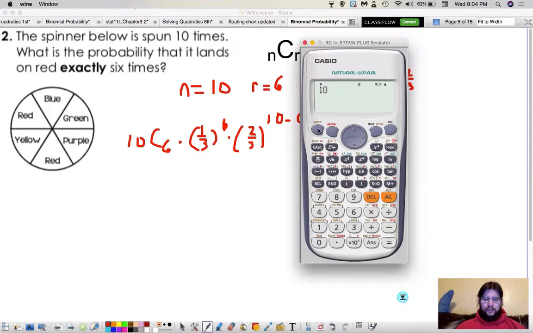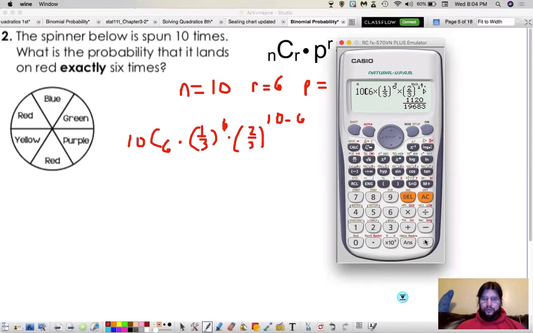So 10C6 times 1/3 to the 6th times 2/3 raised to the 10 minus 6 equals that.